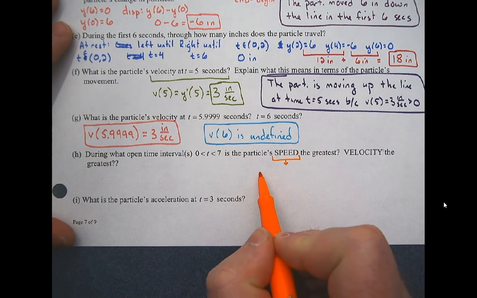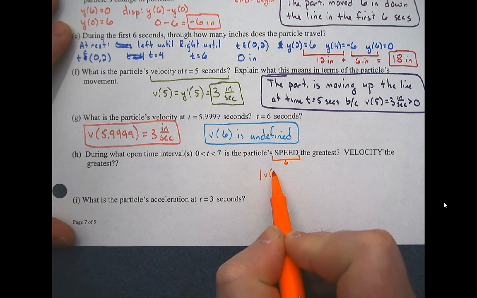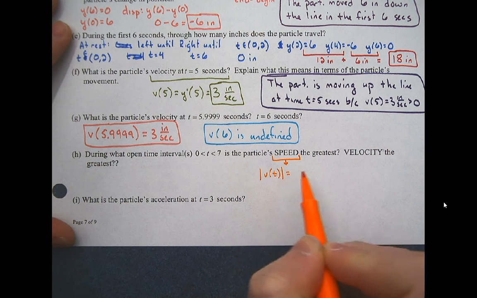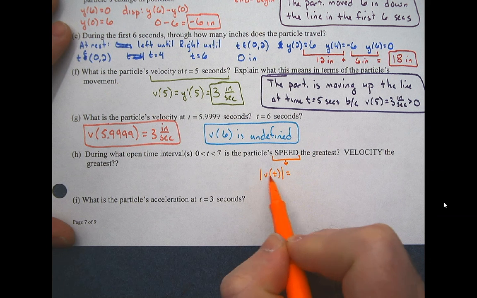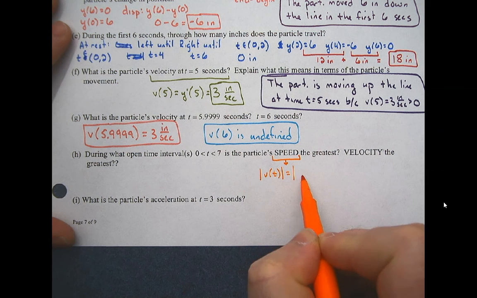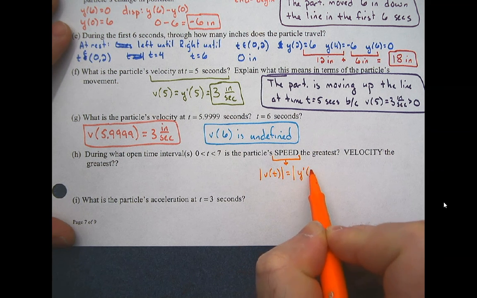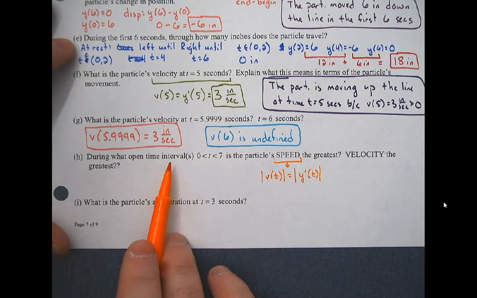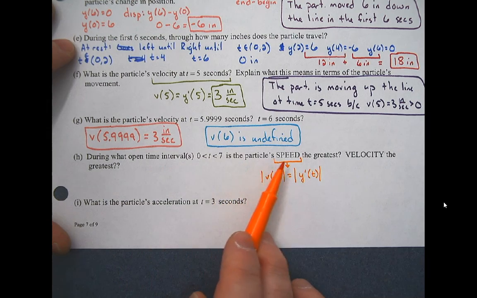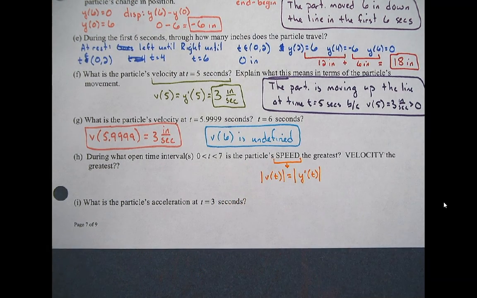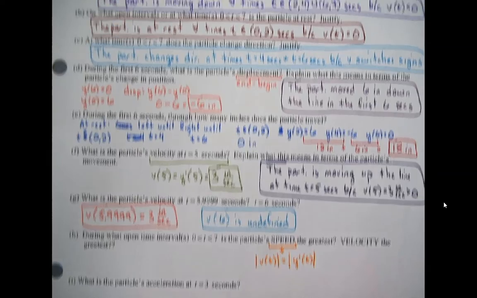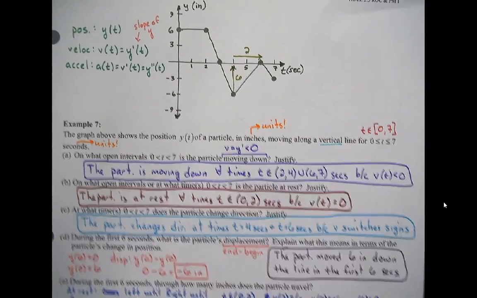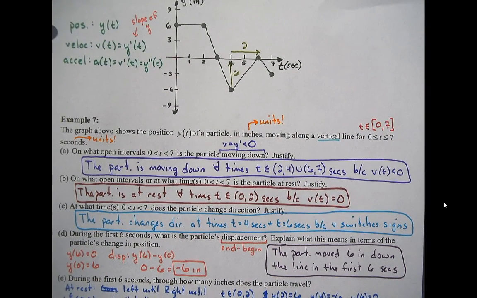So remember that speed is the absolute value of velocity, which for us is the absolute value of slope. In other words, I don't care if the particle is going left or right. I don't care if the velocity is positive or negative. What section has the steepest slope?